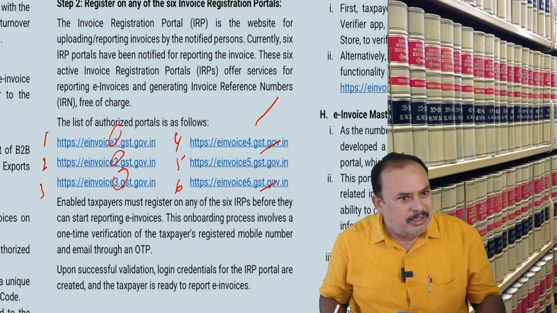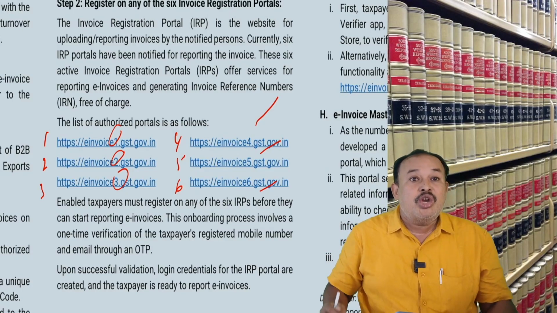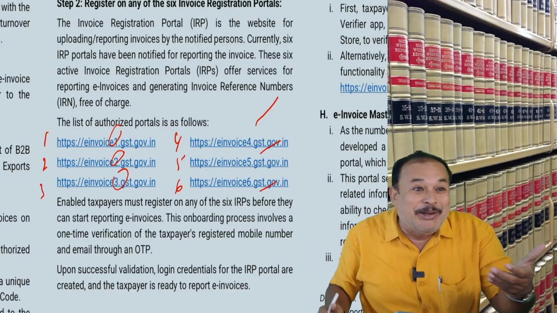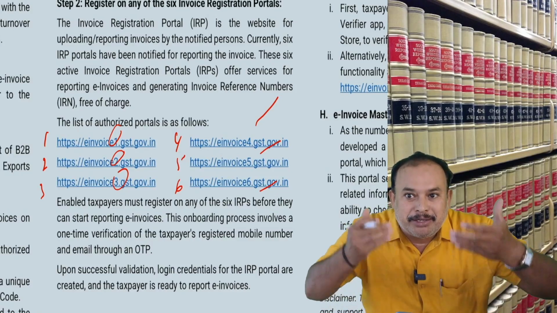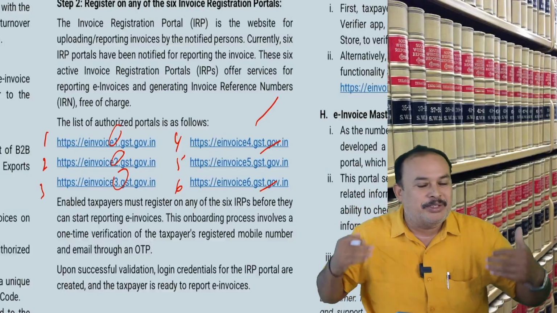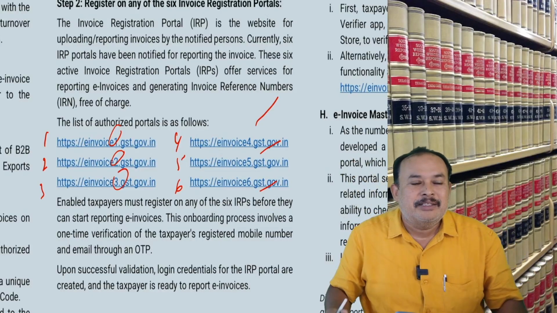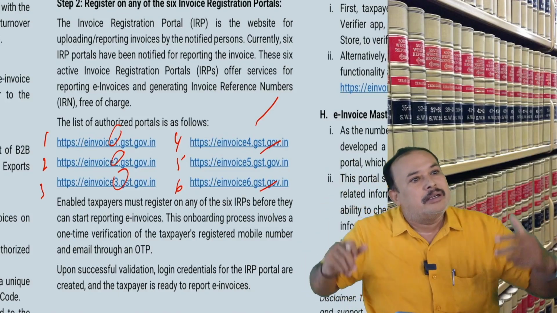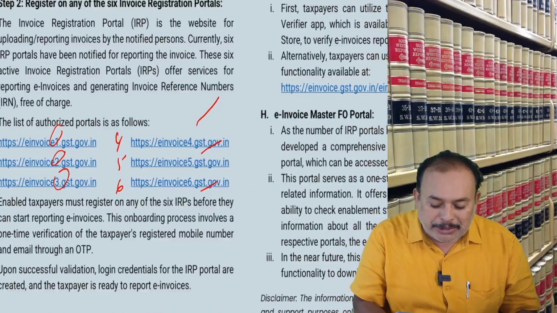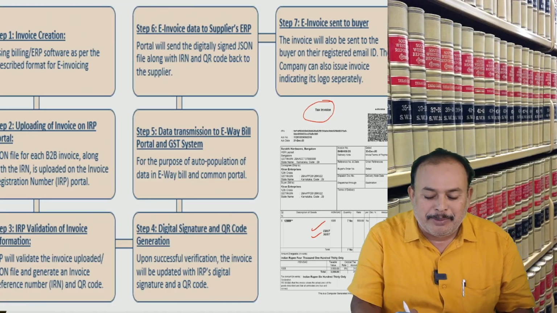Log in to any portal. I log in, sir. Very good. There, whatever tax invoice you prepared, you upload it. Soft copies, upload. I uploaded, sir. It is processed. Sir, output came, sir. Output came like this, sir.